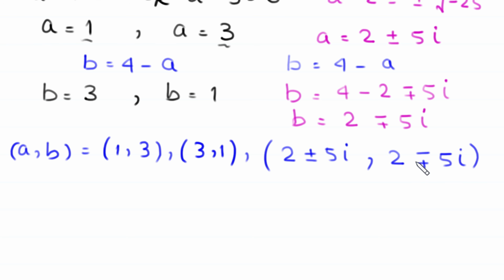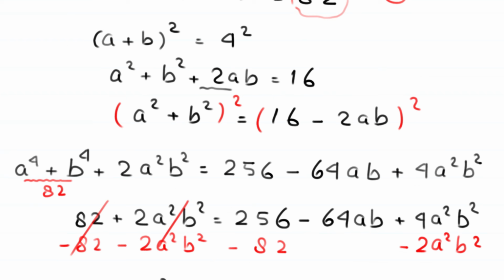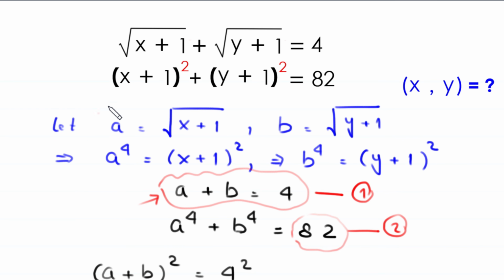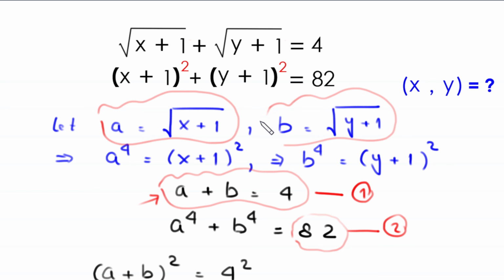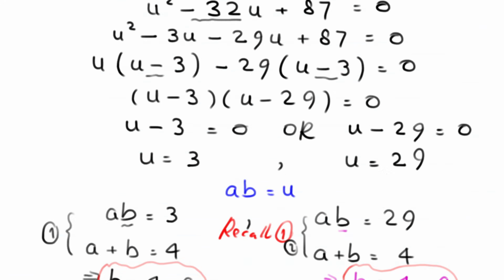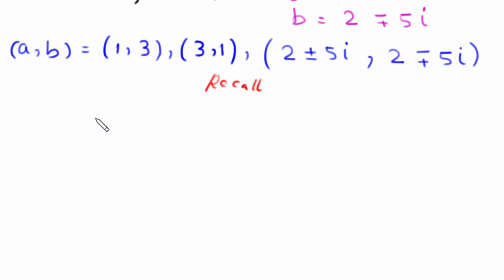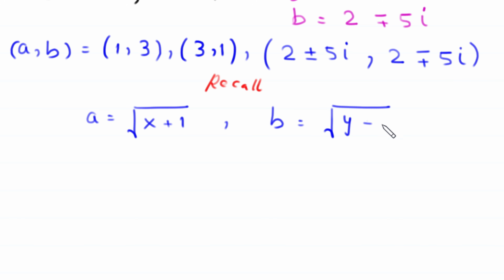Now to find the values of x and y, recall that we have supposed that a is equal to root x plus 1 and b is equal to root y plus 1.